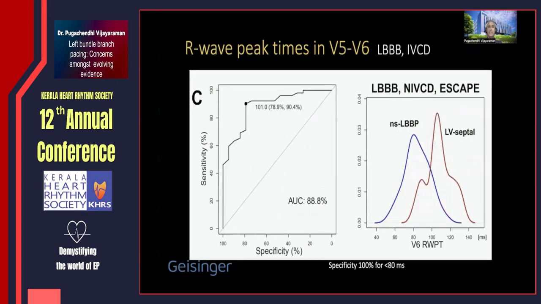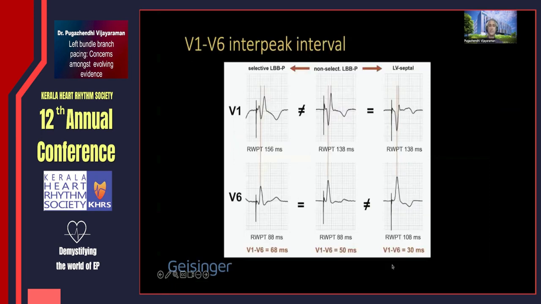And this number is about 80 milliseconds in wide QRS, and there is even much greater overlap in this criteria, you can see. And as you can see, 101 milliseconds gives you the maximum sensitivity and specificity, but if you want a greater specificity, that number is less than 80, and even this may not be accurate.